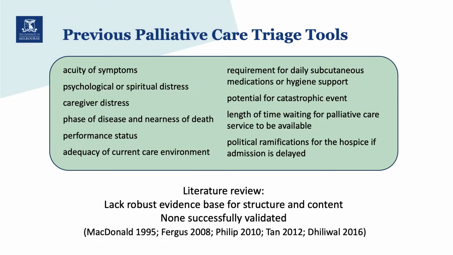So starting from more obvious factors and moving on to more bespoke, we've got acuity of symptoms of the patient, psychological or spiritual distress, caregiver distress, phase of disease and nearness of death, performance status and adequacy of current care environment, requirement for daily subcutaneous medications or hygiene support, potential for a catastrophic event like a bleed or airway obstruction, length of time waiting for palliative care service to be available, and political ramifications for the hospice if admission is delayed.